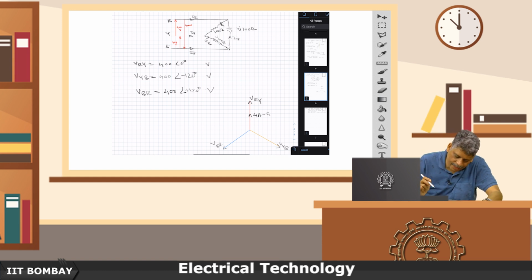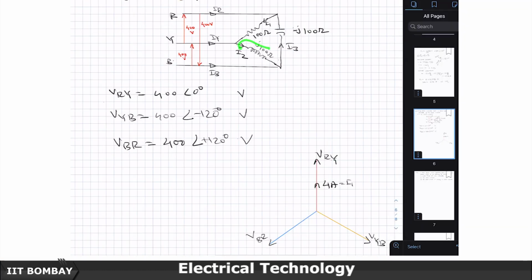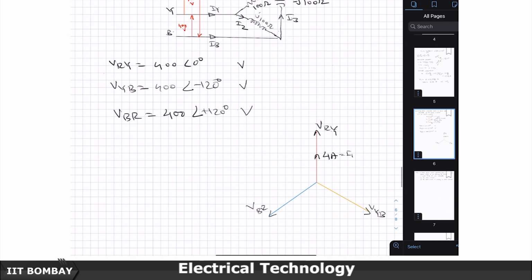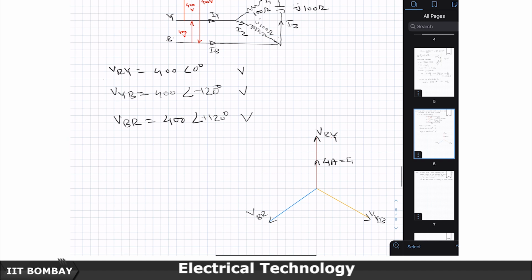Now, what about I2? I2 is an inductor of 100 ohms put across a supply of again 400 volts. So, 400 by 100, which is again 4 amperes, current should flow for I2 also, but being an inductor it will lag VYB by 90 degrees.